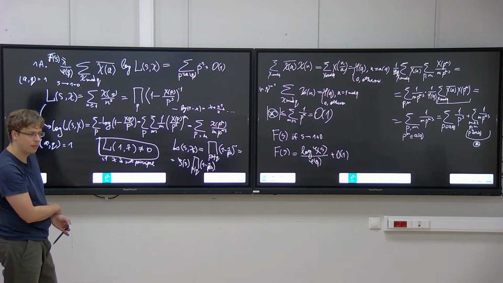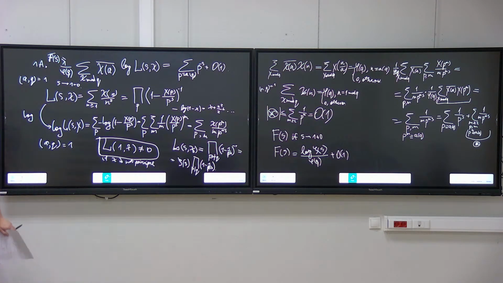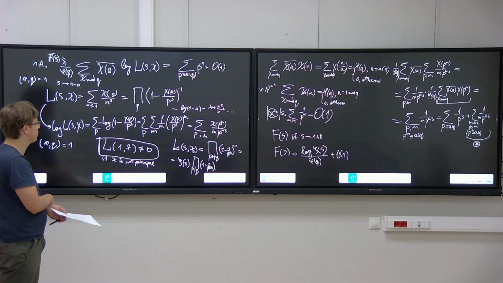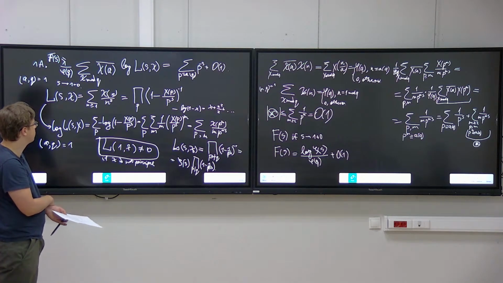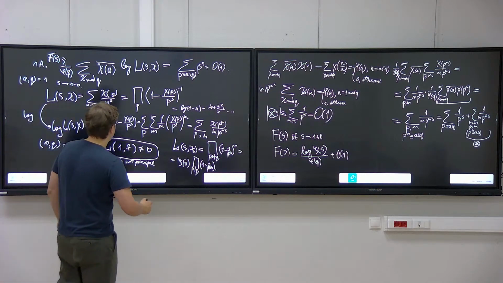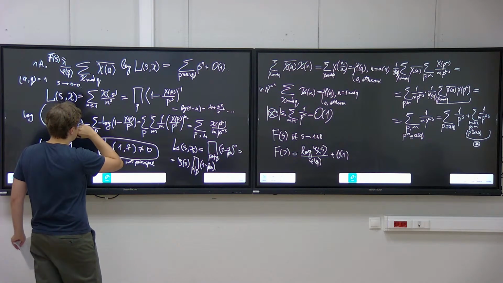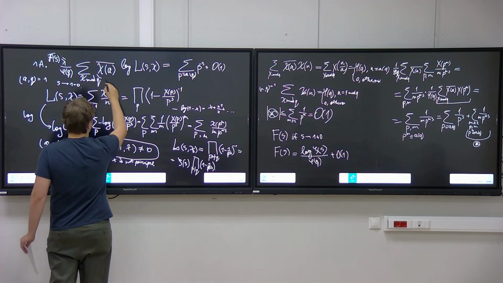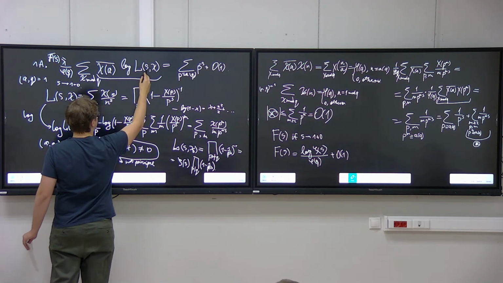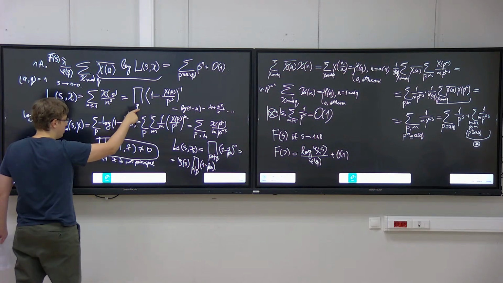Еще раз, почему это будет сходиться? Look at this term. If L of s is high, we know that it is not zero.